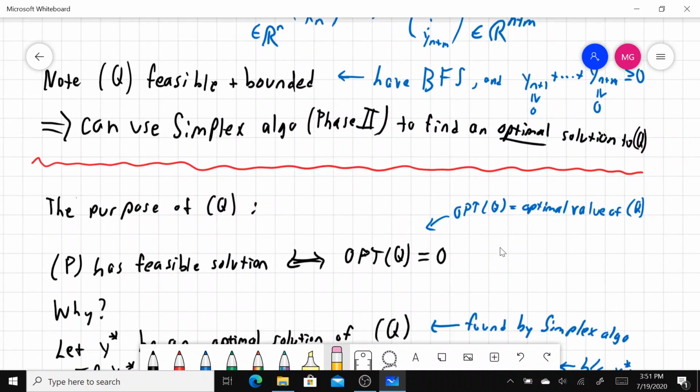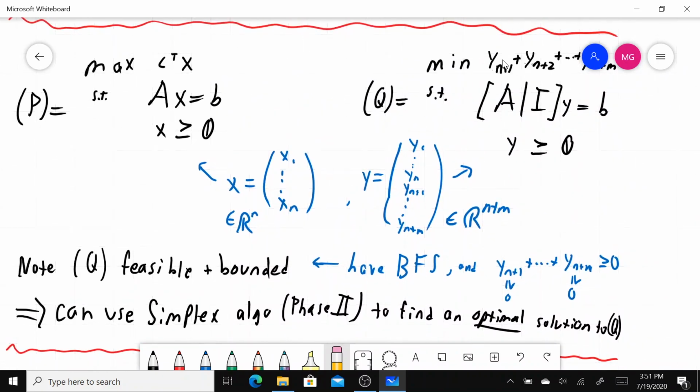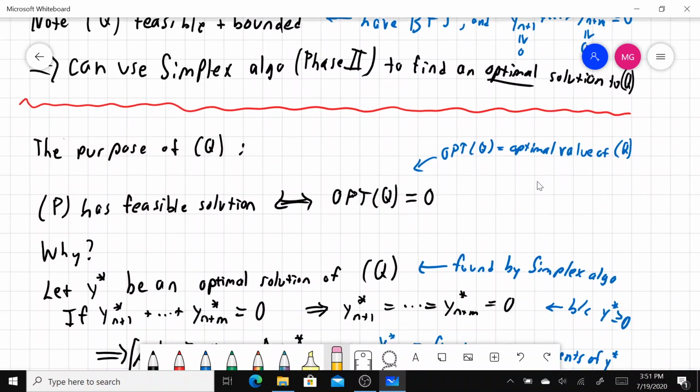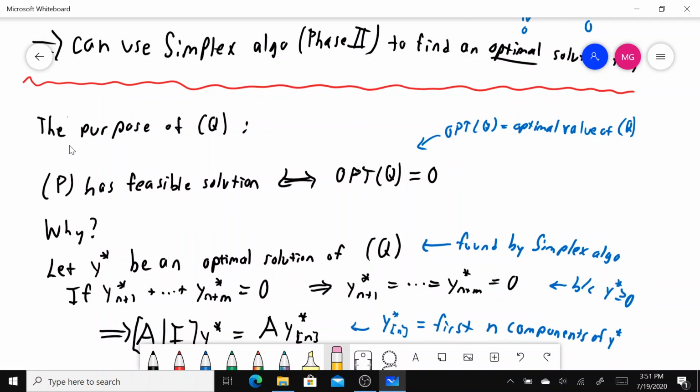Okay, so what's the purpose of Q? Why did we construct this objective function to be what it is? Here is the point. We want to figure out something about the original linear program P. And here's what we figure out. The original linear program P has a feasible solution if and only if the optimal value of the auxiliary linear program Q is 0.